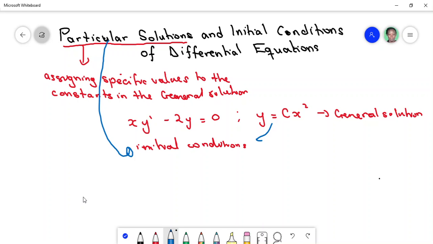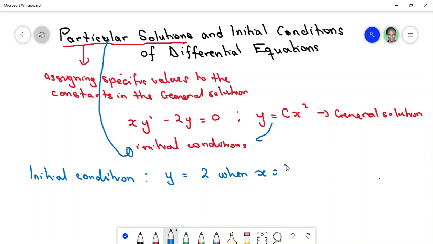So the initial condition can be written as, let's say, y equal to 2 when x is equal to 1.